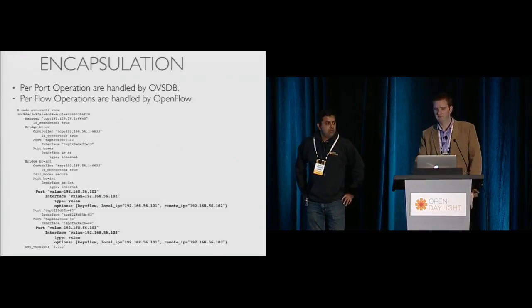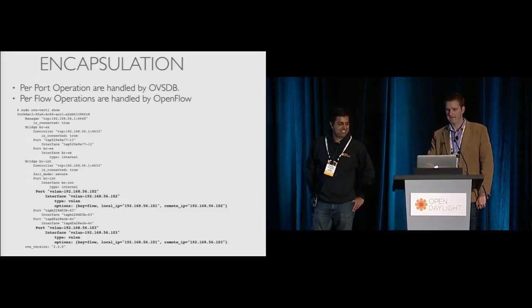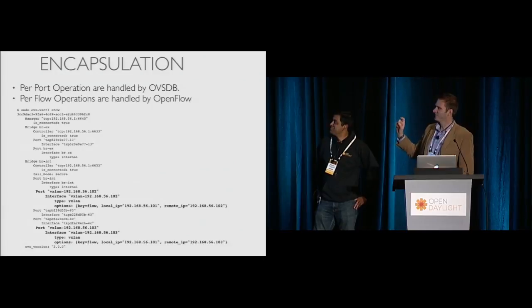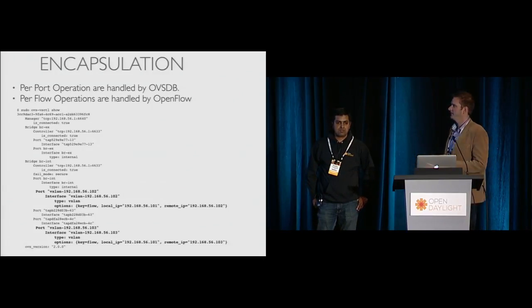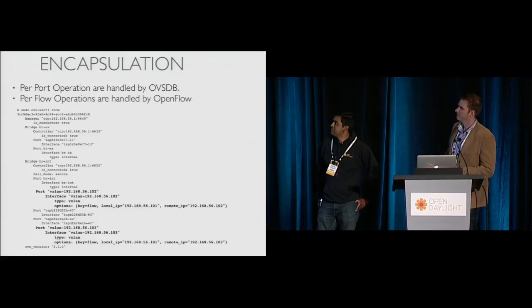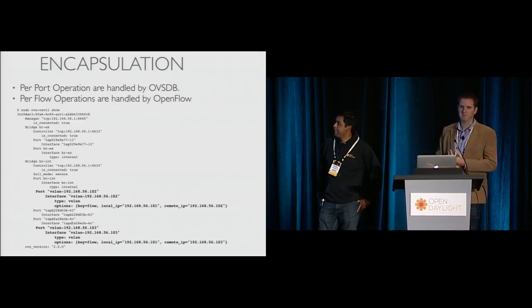And I'm going to jump back to one slide that we skipped over. Oh, here we go. So what's highlighted there is probably the sexy part of OVSDB, and that's the tunnel configuration. We get excited about these kinds of things because we're nerds. If you look at the top, it might be too small to see, but you've got a manager and you've got an OpenFlow controller for that bridge.